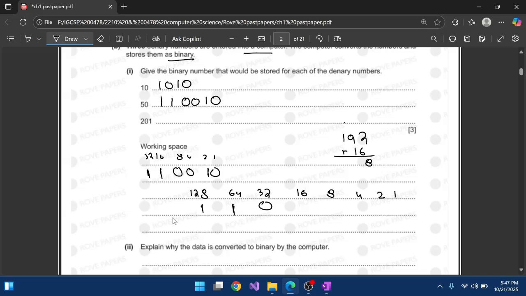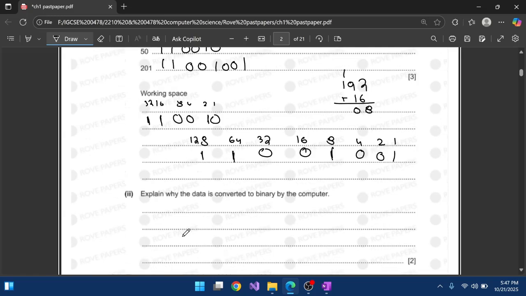It will be greater, so I will just remain at 200 and 201. So our answer will be 11001001.